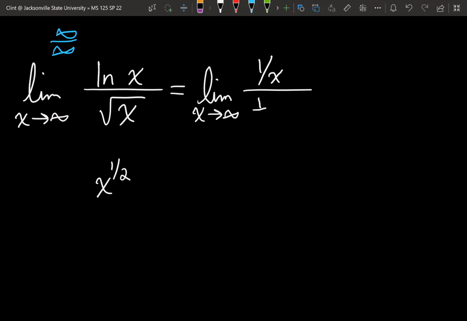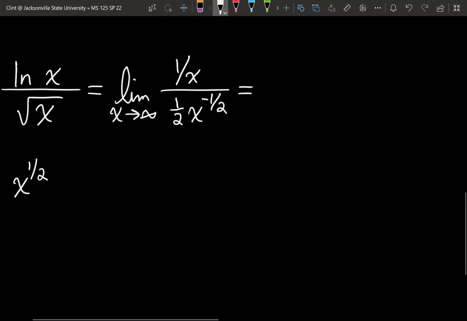I can write 1/2 x to the negative 1/2. Okay. Trying to think our way through what that denominator would give us now is a little bit tough if we don't get rid of the negative exponent. So maybe it's a little easier to think about if we write it like this.